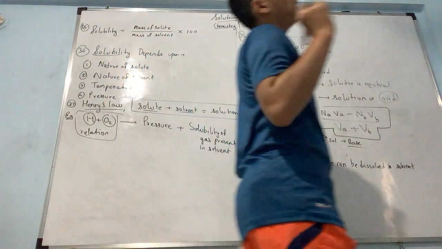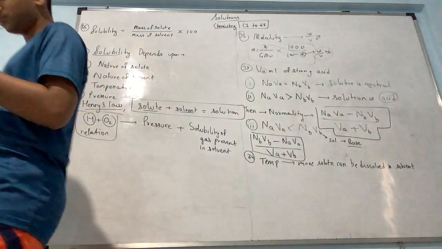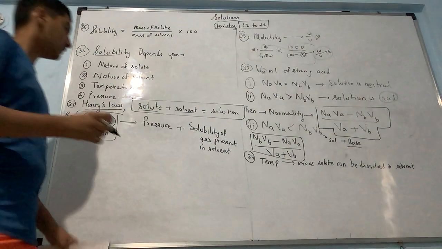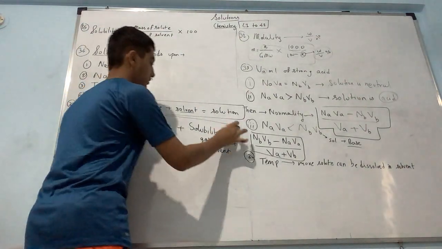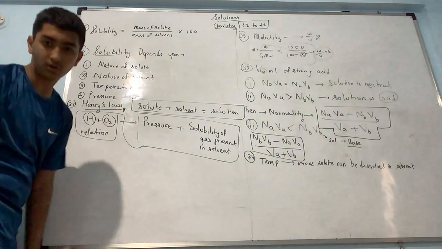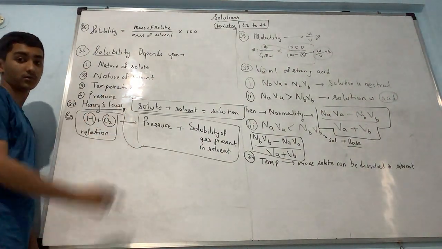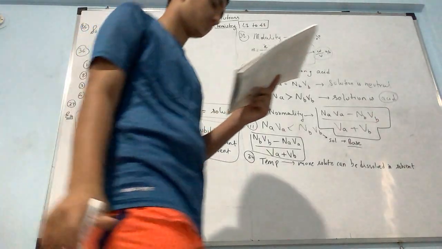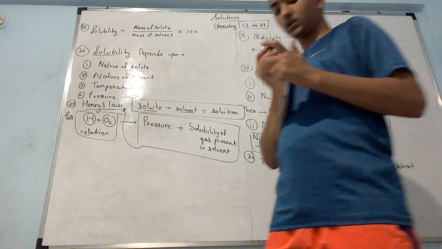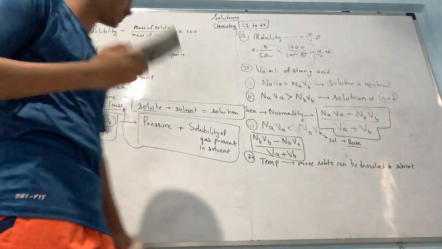He found the relation between these two, understood? And this relation he found came to be known as Henry's law. Henry was a very famous scientist, or you can say a very famous chemist.